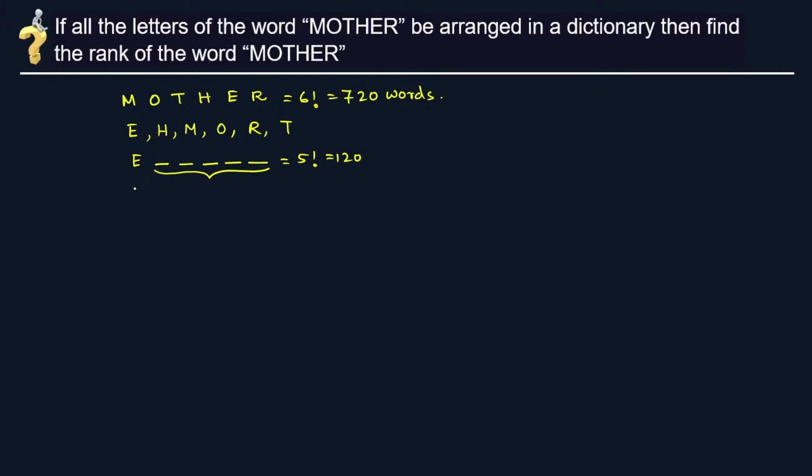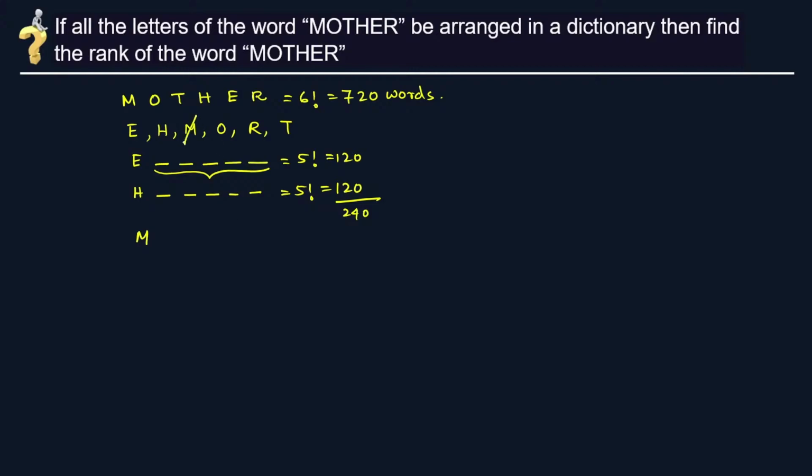After that, alphabetically H will come. And in that case, the total number of words formed is 120 again. So till this point it's 240 words, and all those 240 words are placed in the dictionary. Now alphabetically after H, M will come.